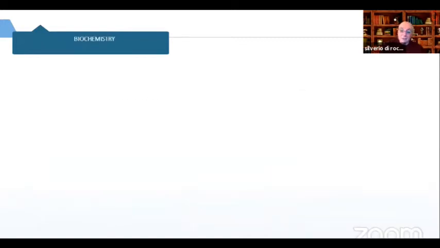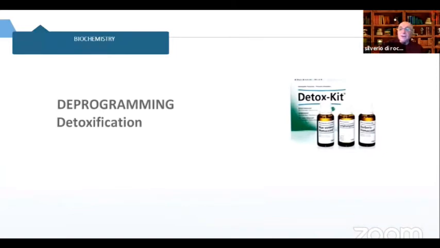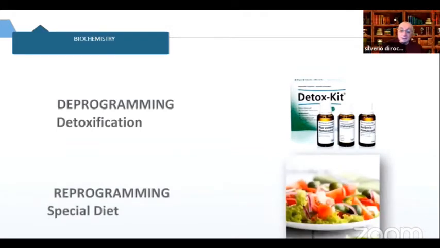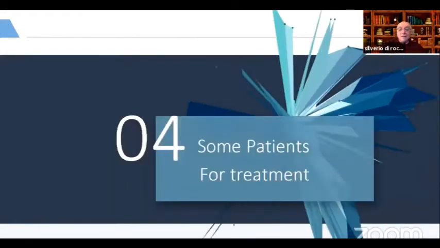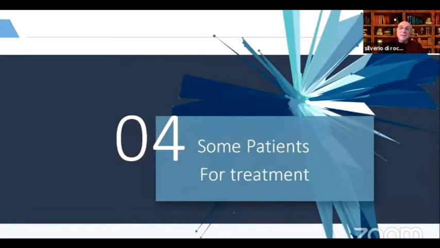In the biochemistry, we use detoxification, purification of the body for deprogramming, and for reprogramming, a special diet and a special treatment for the intestine, for the gut, and for the whole body. This is the M.P.R. action. This is the M.P.R. protocol. This is the M.P.R. philosophy.